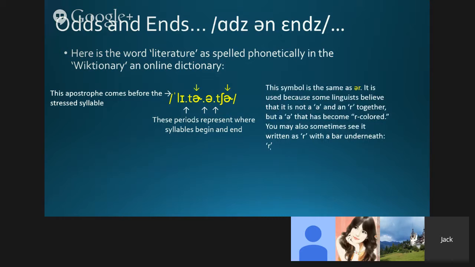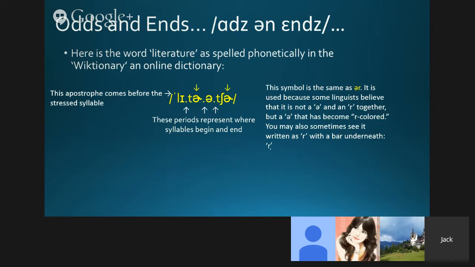Finally, this weird looking E is actually the same thing as a schwa and R. You'll see it sometimes. Some linguists believe that that is actually a special vowel, but it's pronounced the same as though it were a schwa and an R. Just know what it means if you see it. You might also see this written as an R with a bar underneath.